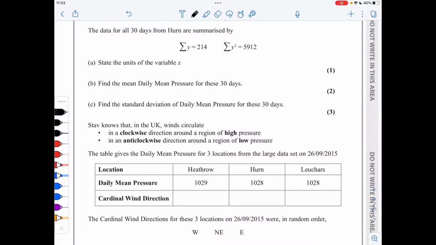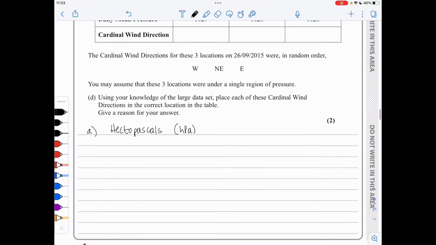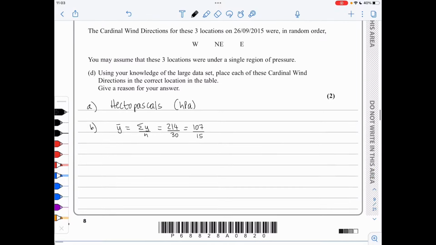B, we need to find the daily mean pressure for these 30 days. I will start by finding the coded mean, y bar, which is sum of y over n, which is 214 over 30, which is 107 over 15. I need to decode this, go back to the original variable.